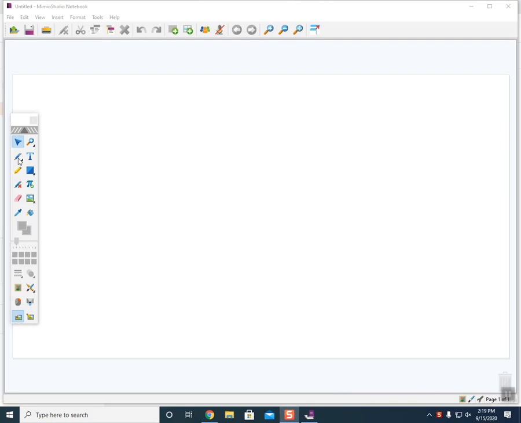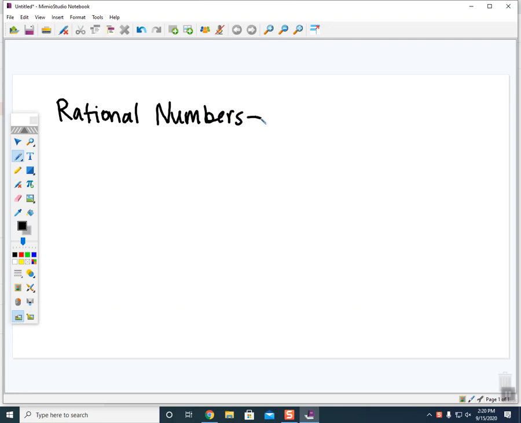Okay, we have been talking about rational numbers, and if you remember, a rational number is a number that can be written as a fraction, right? There's a few things then that I want to go over with you in regards to how we do operations with fractions.